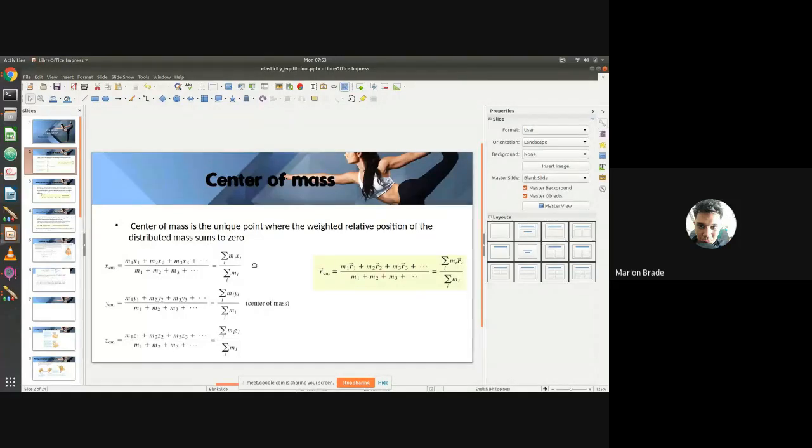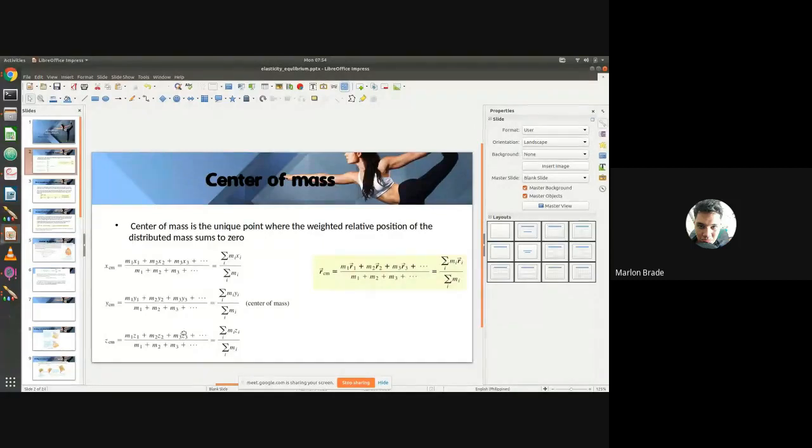So m1 y1 plus m2 y2 plus m3 y3 and so on, divided by the summation of all the masses, m1 plus m2 plus m3 and so on. Compactly, it can be written as the summation of m_i y_i divided by the summation of all the masses.